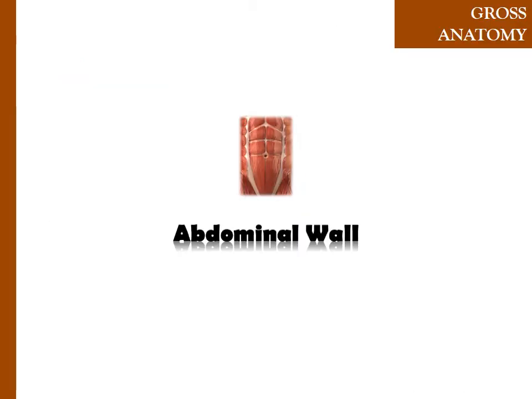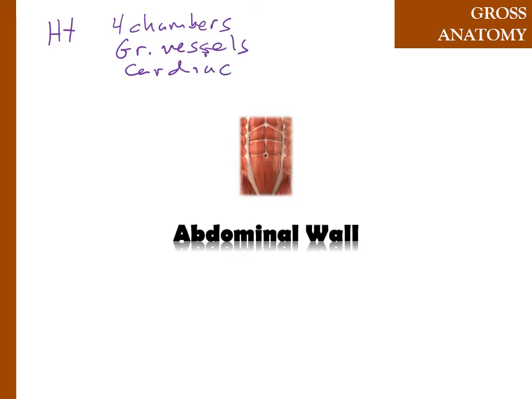So that does it for the thorax. Let's do a quick review. We talked about the heart. We talked about 4 chambers, a couple large vessels, so the great vessels. We talked about the cardiac vessels. I believe that was a right and a left coronary. We talked about some valves.